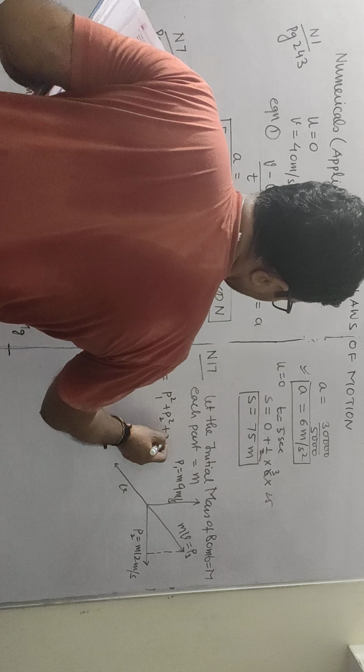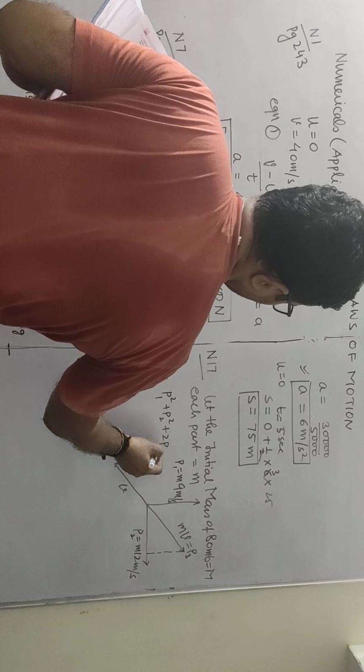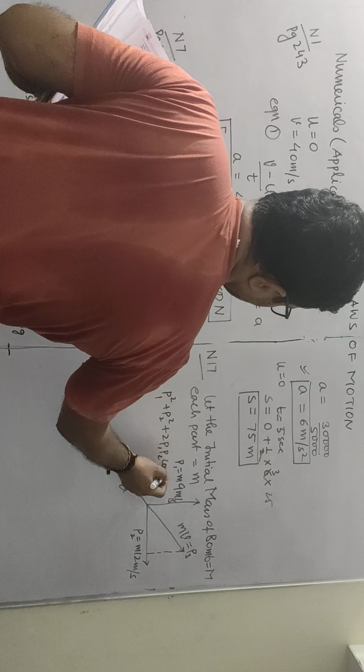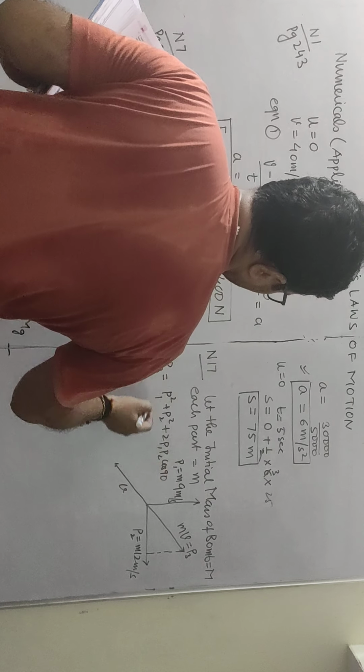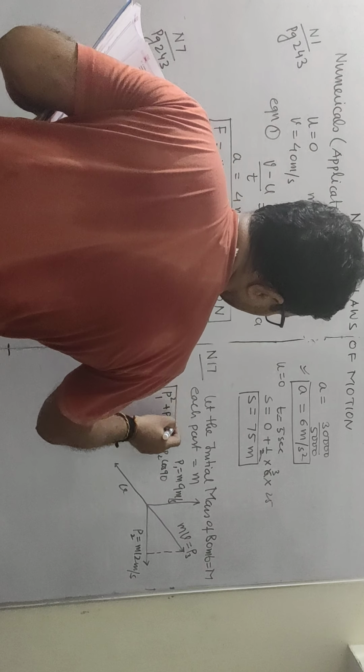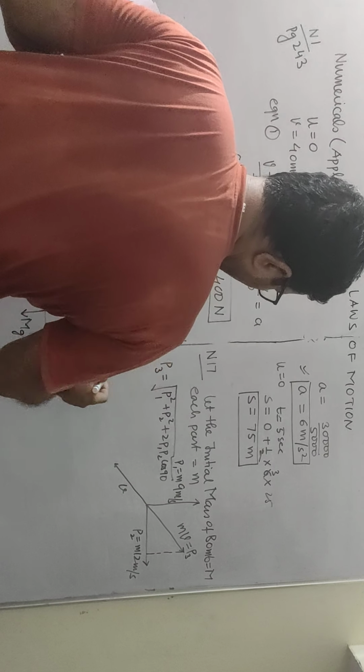Now applying the concept of resultant from vector, P3 is equals to the square root of P1 square plus P2 square plus 2 P1 P2 cos theta. Theta is 90, cos 90 is 0. This concept will be required.